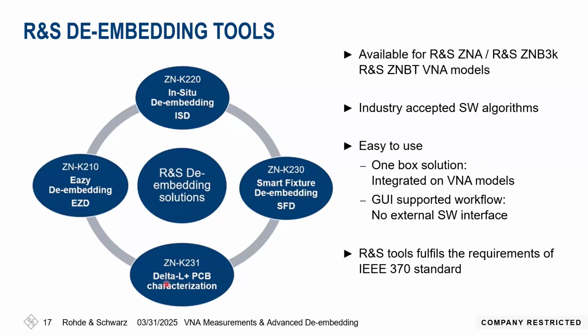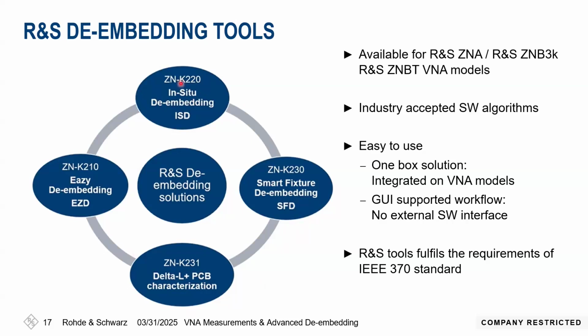This Delta L is on the specifications of Intel as well. So we cover the Intel specifications and the IEEE 370 standard as well. So all four tools are available.